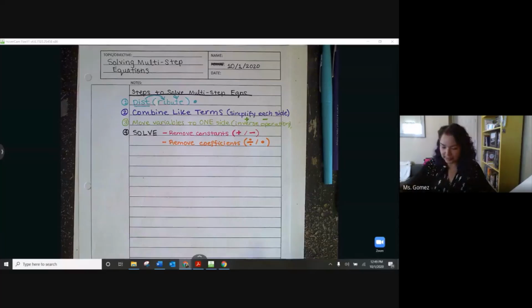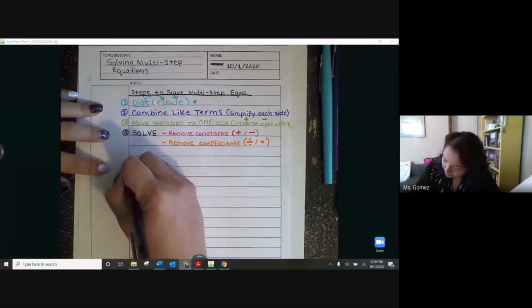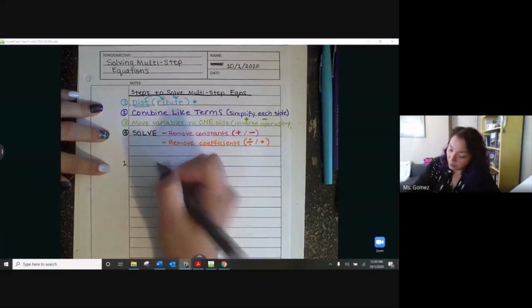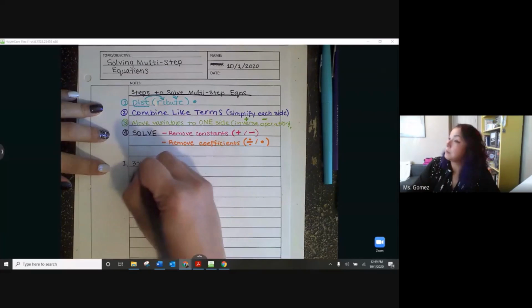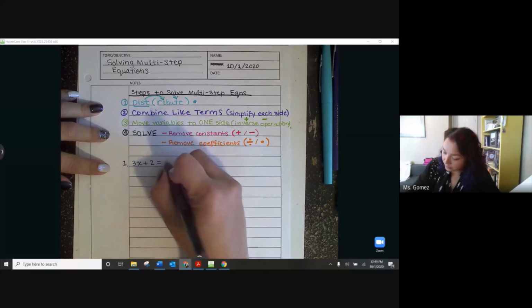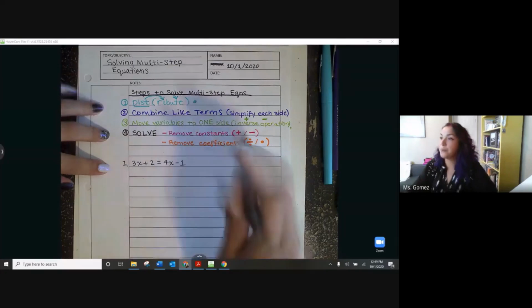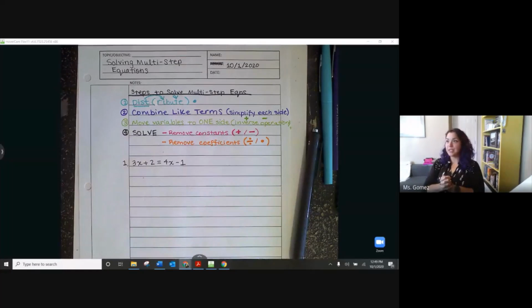Let's start off easy with example 1. Example 1 says 3x plus 2 is equal to 4x minus 1. Now, I understand that not all of our steps are going to be used each and every single time.